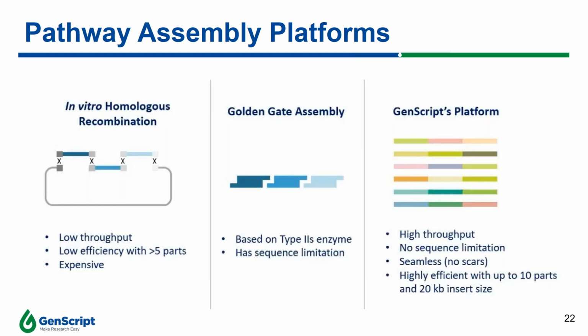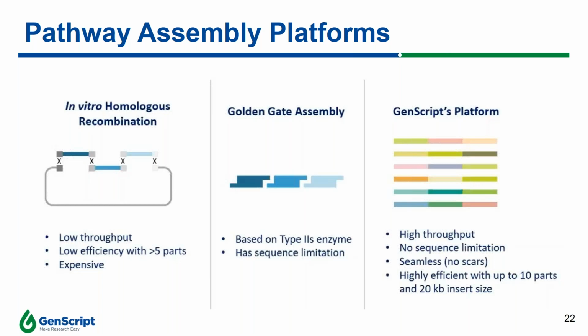The in vitro homologous recombination approach is also a commonly used method, but unlike the Golden Gate assembly platform, it has no sequence limitations. Studies have shown that the assembly efficiency drops significantly when trying to assemble more than 5 fragments. Additionally, it is relatively expensive and low throughput.